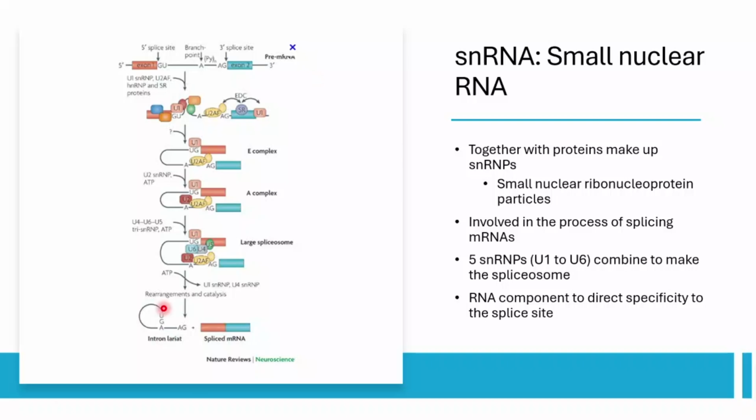When they cut it, they form this intron lariat, which is this kind of circular intron piece that is then just degraded, okay? Questions? So small nuclear RNAs, their goal is to recognize the splice site and also to bind to these ribonucleoproteins to do all these functions that I just told you about.